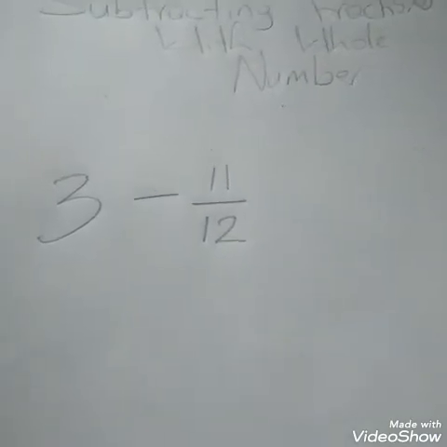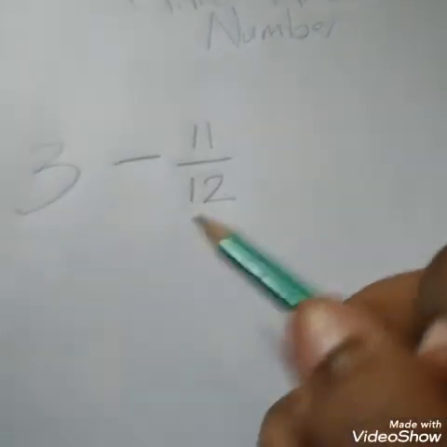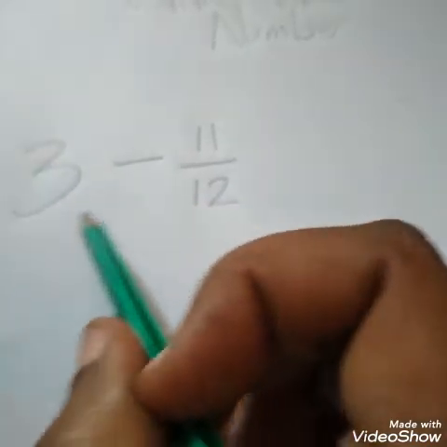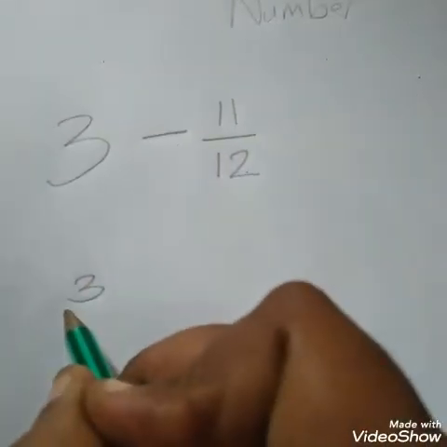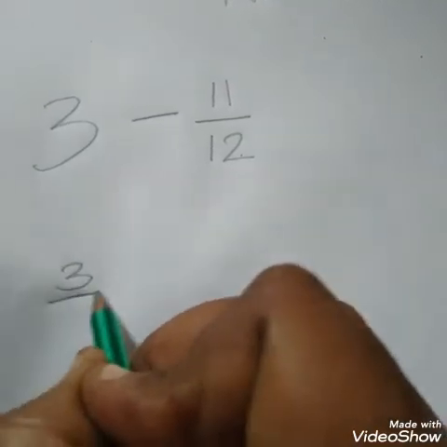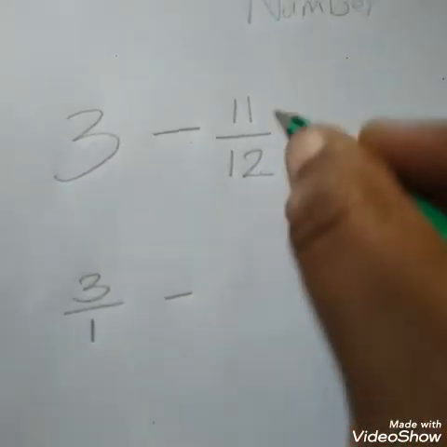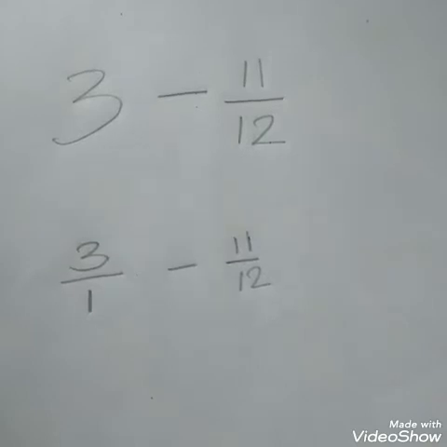So the first thing you are going to do is turn this whole number into a fraction. So we're going to write 3. The easiest thing is to always use 1. So put 3 over 1. Good. And then we write back the fraction, 11 over 12. All right, everybody.